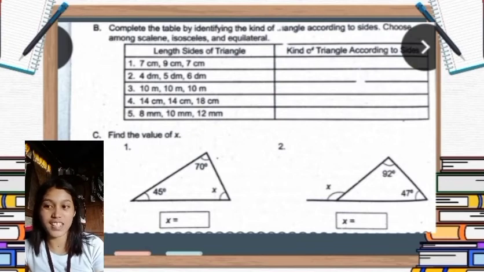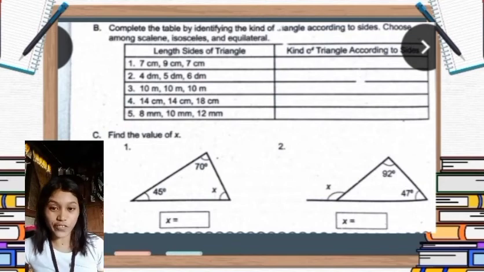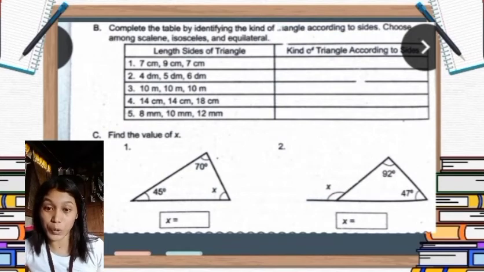So number 1, it is an acute triangle. It measures 45 degrees, 70 degrees, and one is x. To get the value of x, you should add the two measurements of the angles.